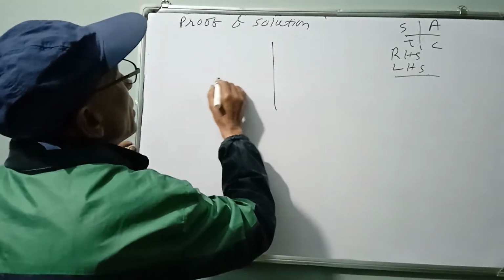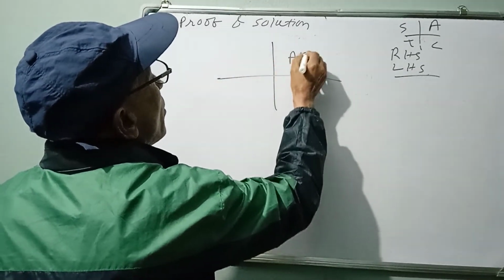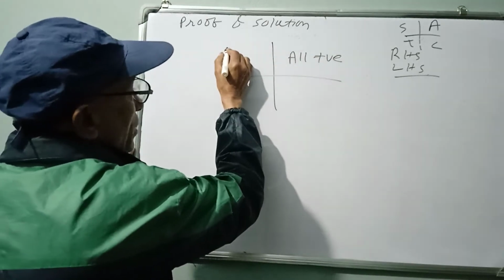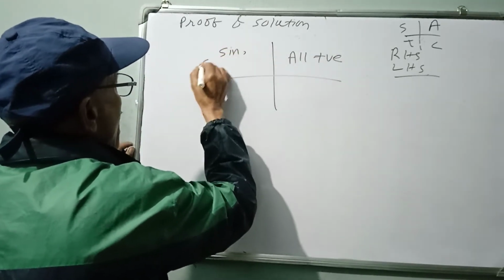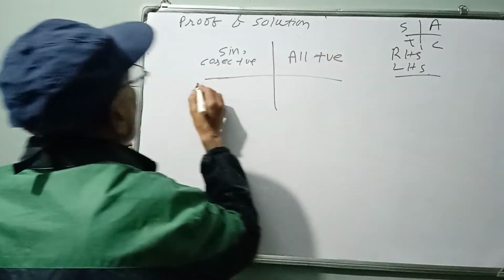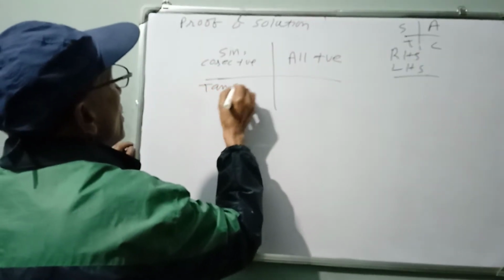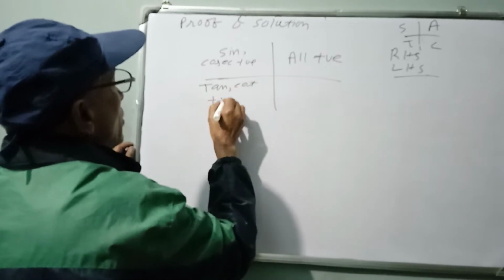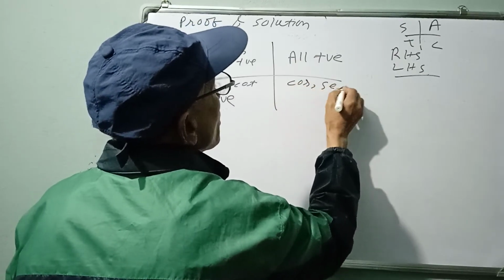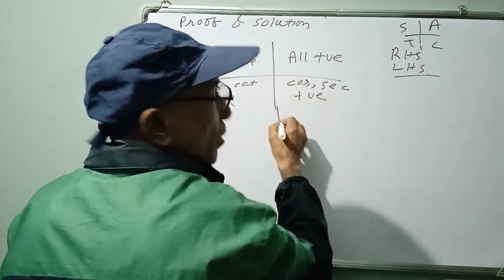For this purpose, A is for all positive, S is for sine cosec positive, T tan and cot positive, others negative. C cos and its reciprocal sec positive and others negative.